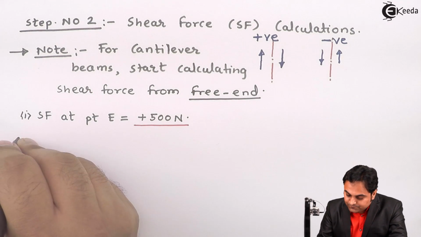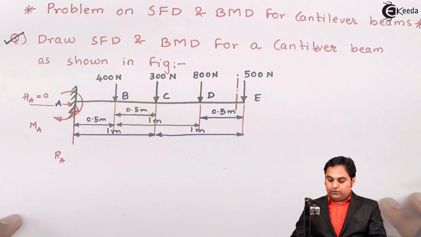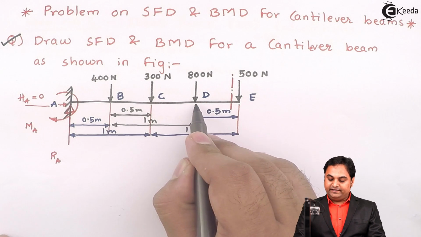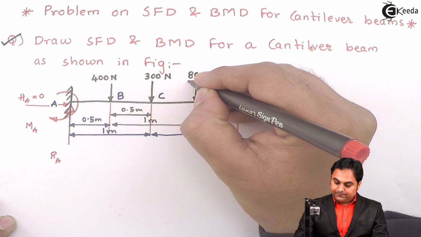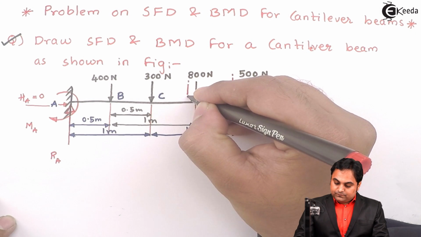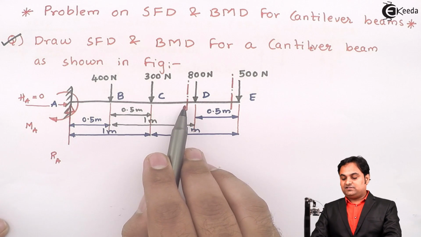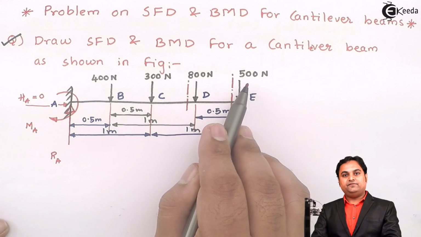Next, this shear force value will be constant from E to D, that is up to the right hand side of D. Next, if I take the section to the left of D, then the shear force will change. That is, here is our section, and on the right hand side of this section there are two forces, 800 and 500.